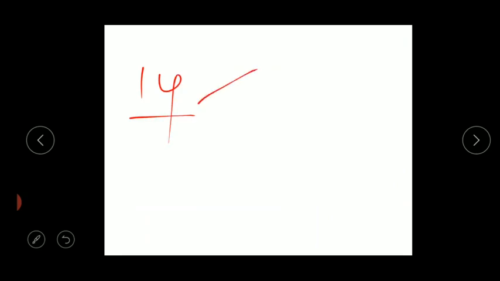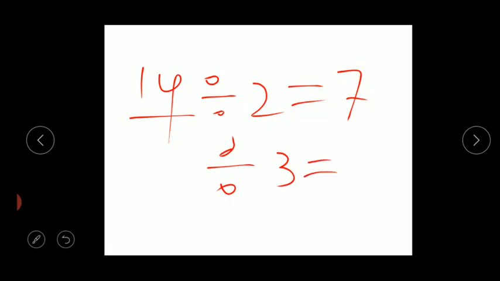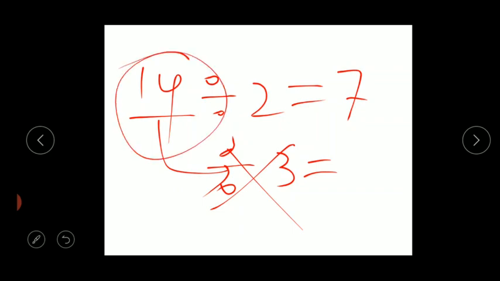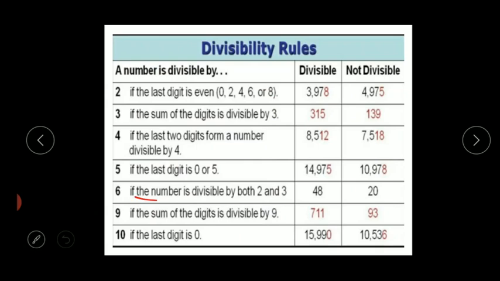It is divisible by 2, 2 7s are 14, but it is not divisible by 3, right? So 14 is not divisible by 6. Any number that is to be divided by 6 has to be divisible by 2 as well as 3.